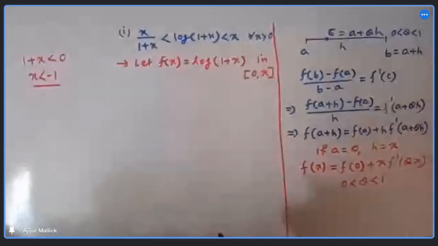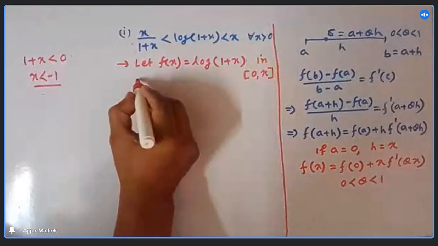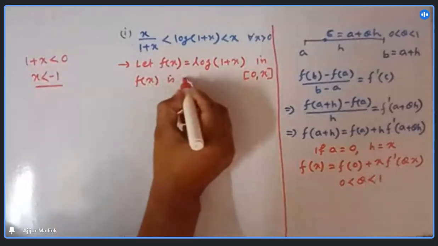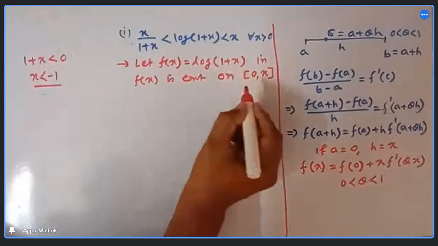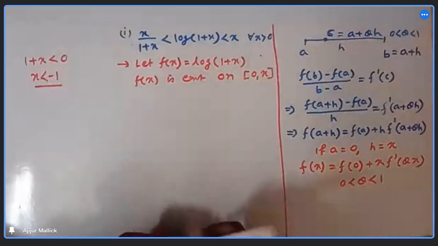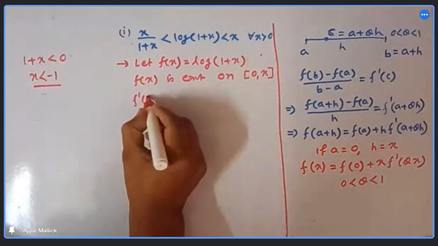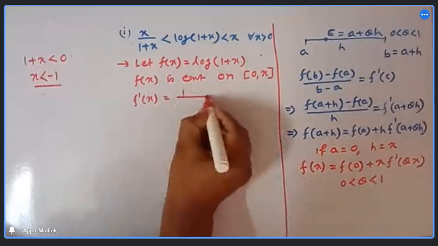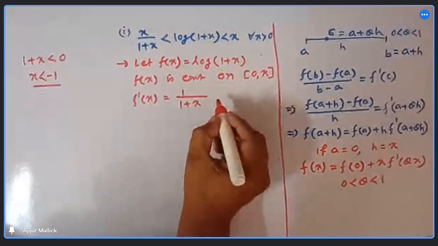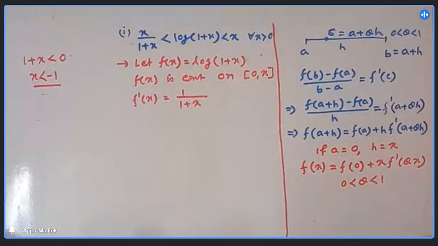So f of x is continuous on closed interval 0 to x. Then f dash x is equal to 1 divided by 1 plus x, which exists in open interval 0 to x.